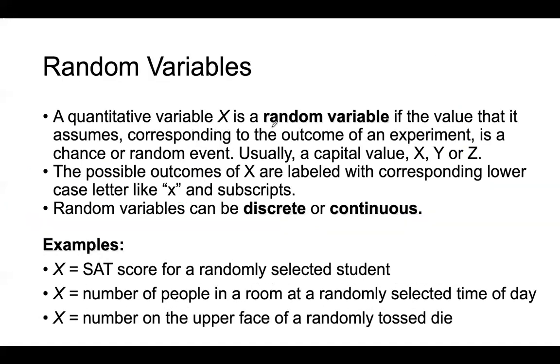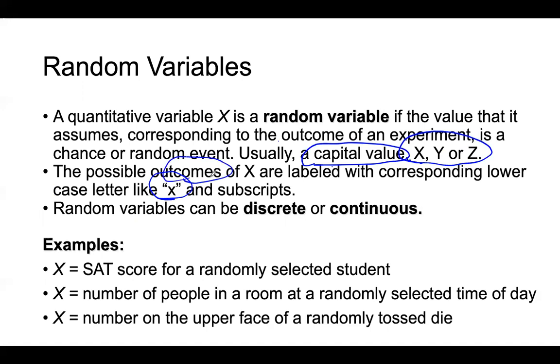So a quantitative variable X is a random variable if the value that it assumes corresponds to the outcome of an experiment, and usually of a random event or by chance. Usually we denote these with capital letters. The possible outcomes of X are labeled with corresponding lowercase letters, usually.